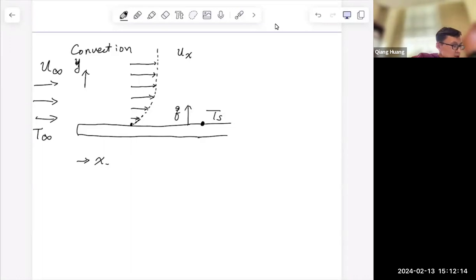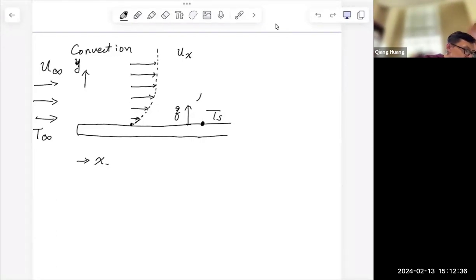You can imagine that at the surface, the temperature of the fluid will be the same as the surface temperature. However, in order for the heat to be carried away in the y direction, it has to go across the water. In other words, it's conducted by the conduction of the water.